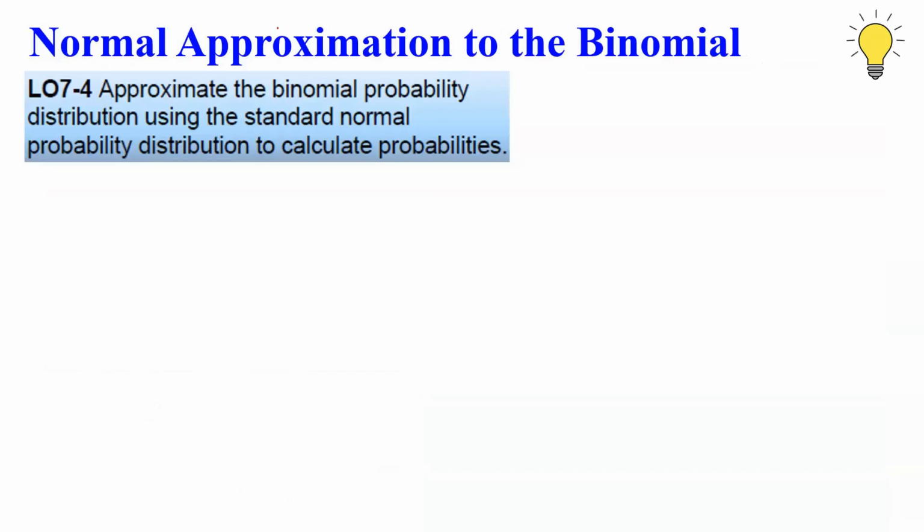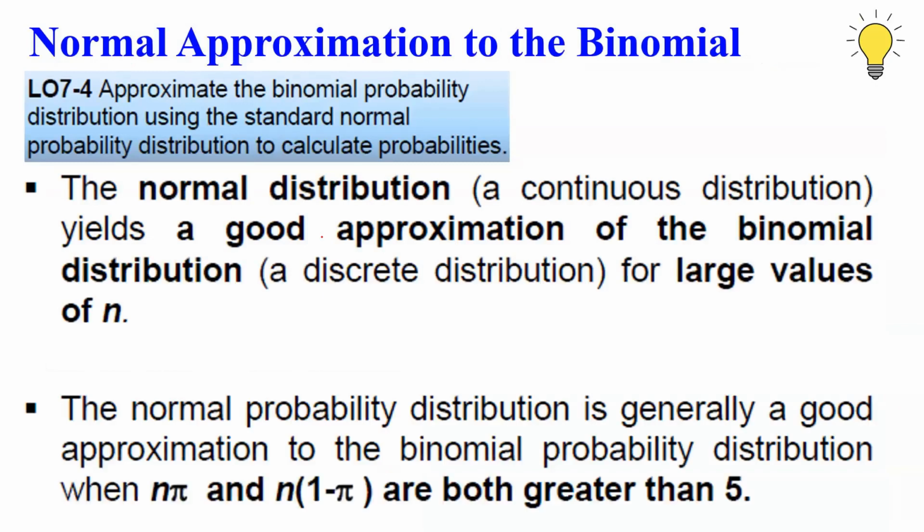Now you can see that the normal distribution can also be used to approximate the binomial distribution. For certain conditions, the normal distribution gives a good approximation of the binomial distribution for large values of n, where n is the sample size.